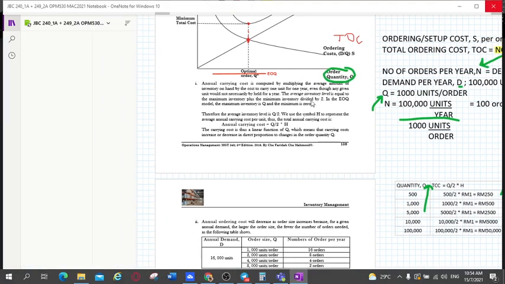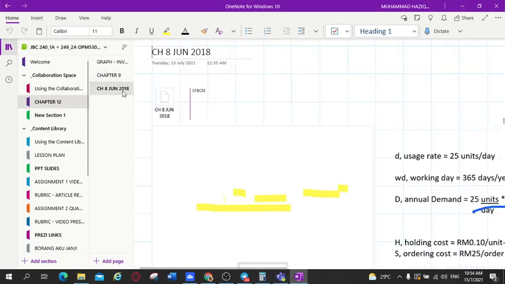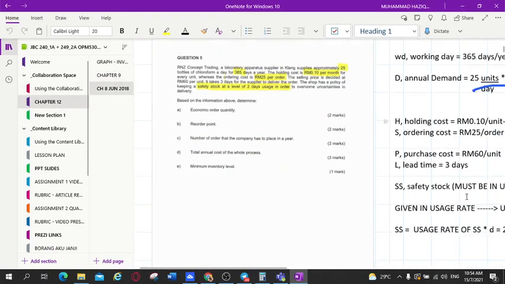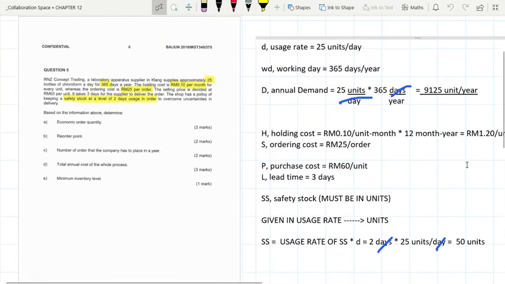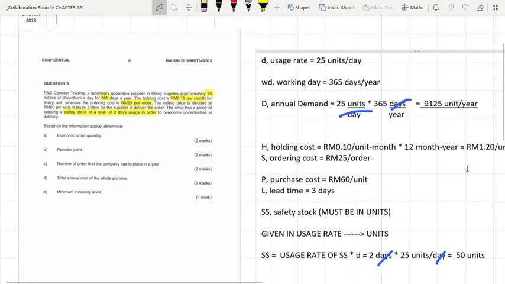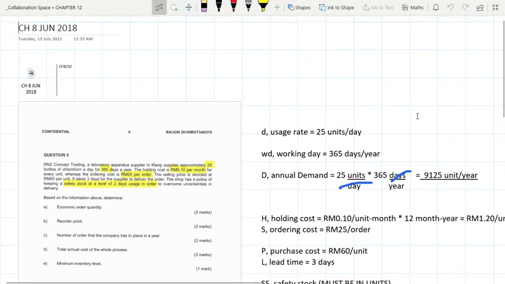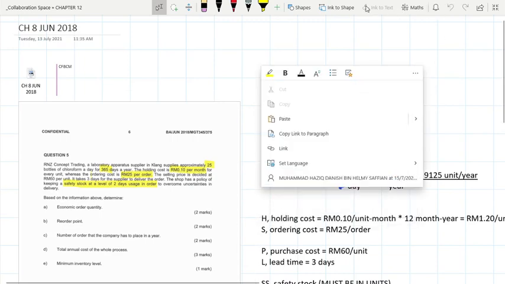Can you see that? Nampak tak? Oh, there you go. 50 units kan?